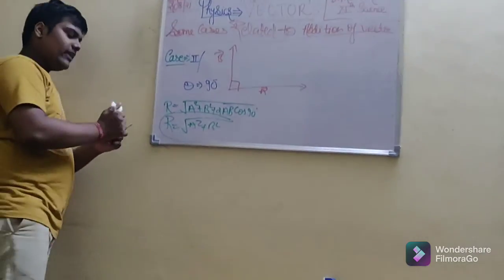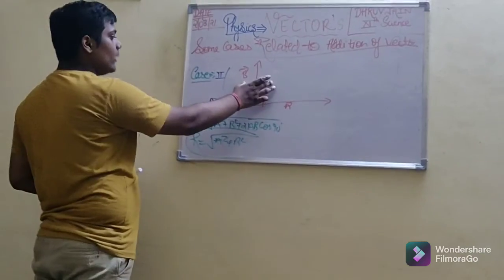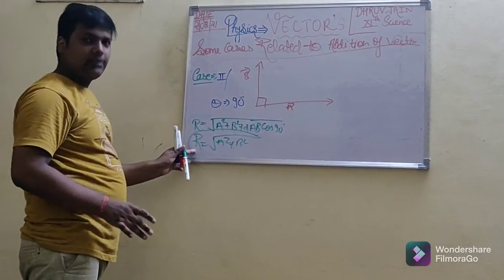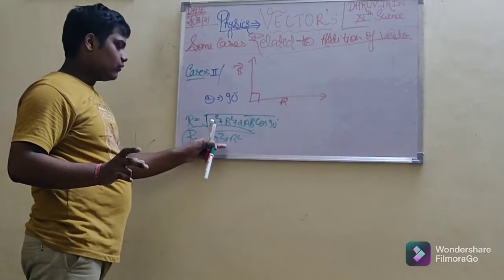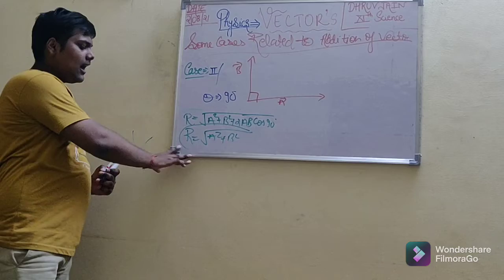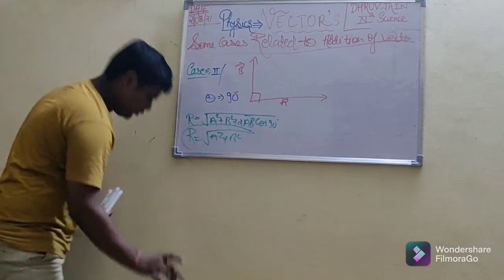So when two vectors are perpendicular, the formula for the magnitude of the resultant will be root a square plus b square. From this we can easily find our resultant when two vectors are perpendicular.